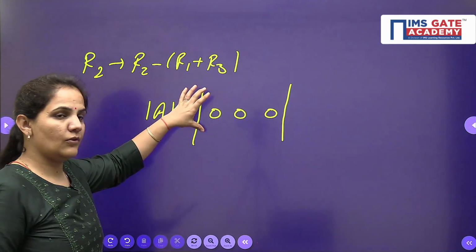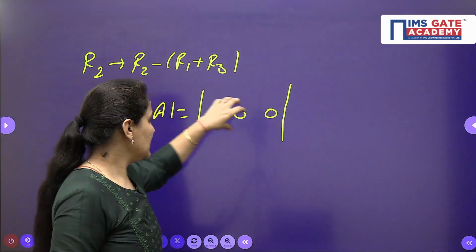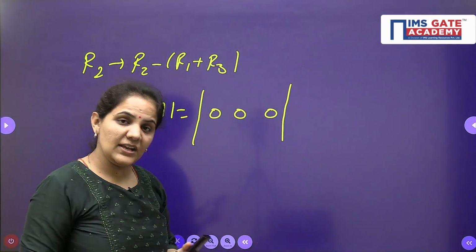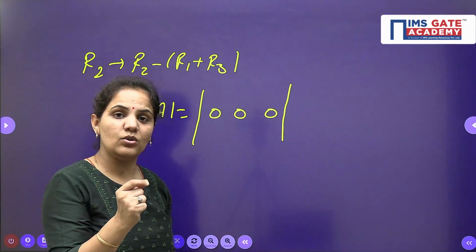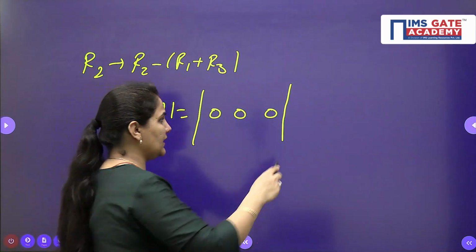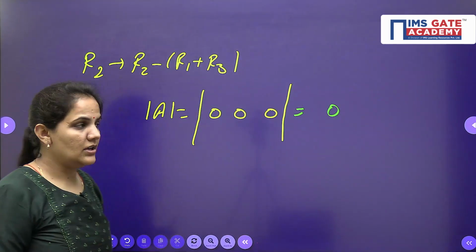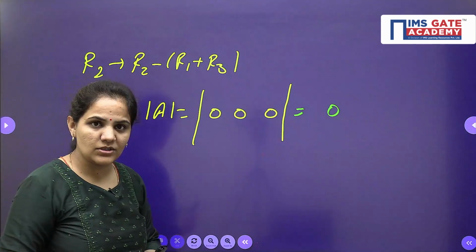Whatever the values of the first and third rows, it does not make any difference, but the second row will be 0. And if in a matrix any single row or column is equal to 0, then we can write the determinant as 0 without any doubt. So the determinant of this matrix is equal to 0.